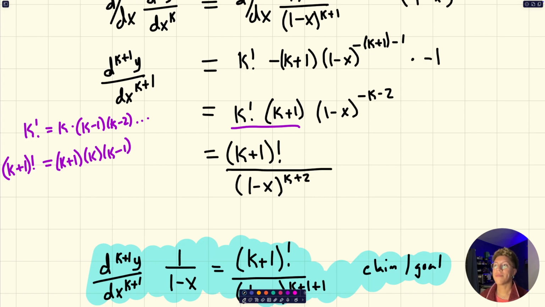And if you want to write it one more time, we can say that this is k plus 1 all factorial over 1 minus x, k plus 1, like that.